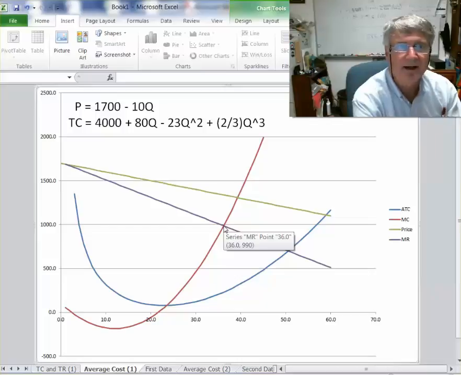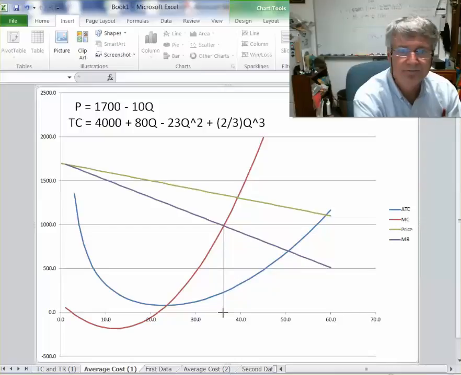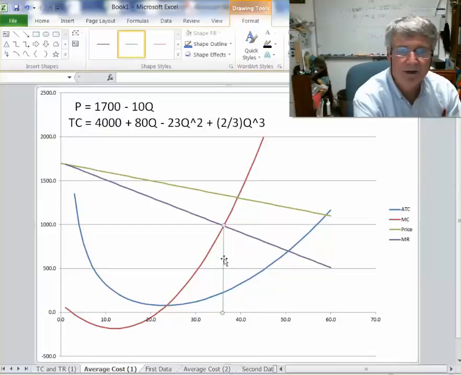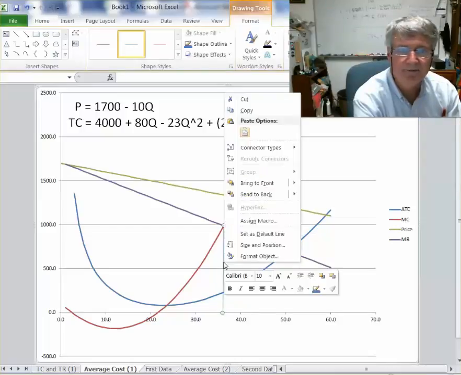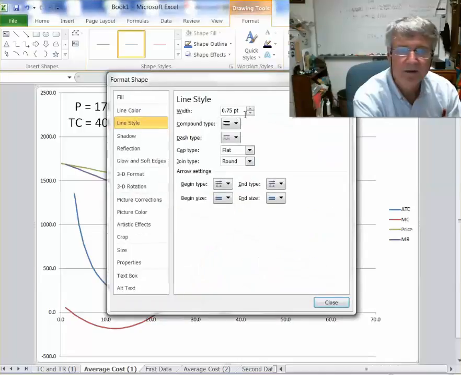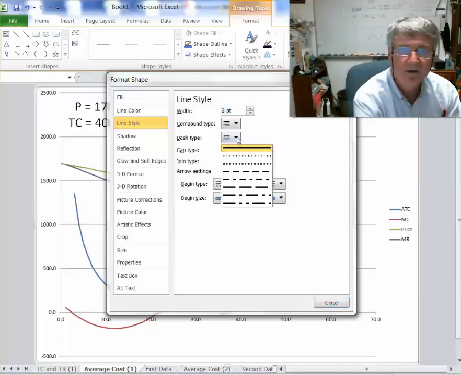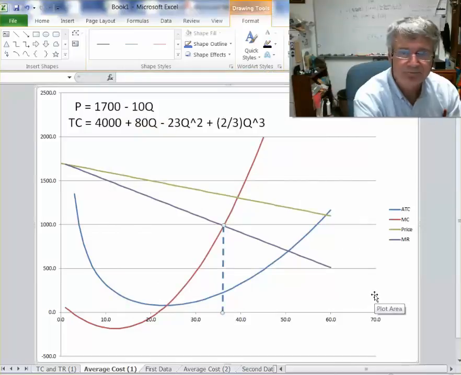Let me see if I can just insert that. Let's insert a shape. Let's just get this line right here, so we can just sort of come down like that, and then something like that.